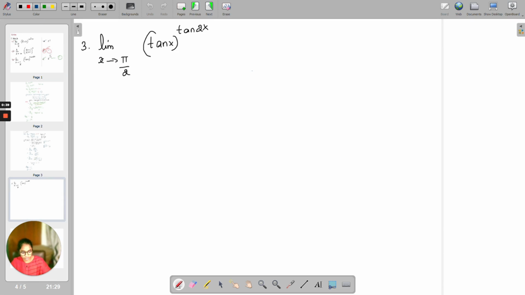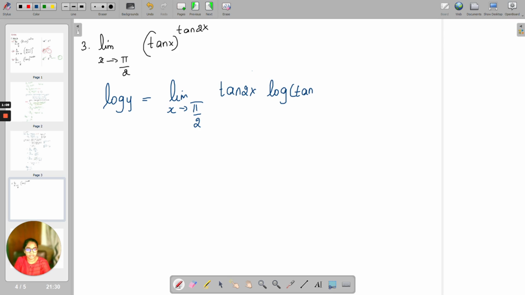Since we have tan x to the power tan 2x, firstly let me take y equal to the given expression, and then after applying log on both sides, I would get log y is equal to limit x tending to pi by 2 of tan 2x into log of tan x.